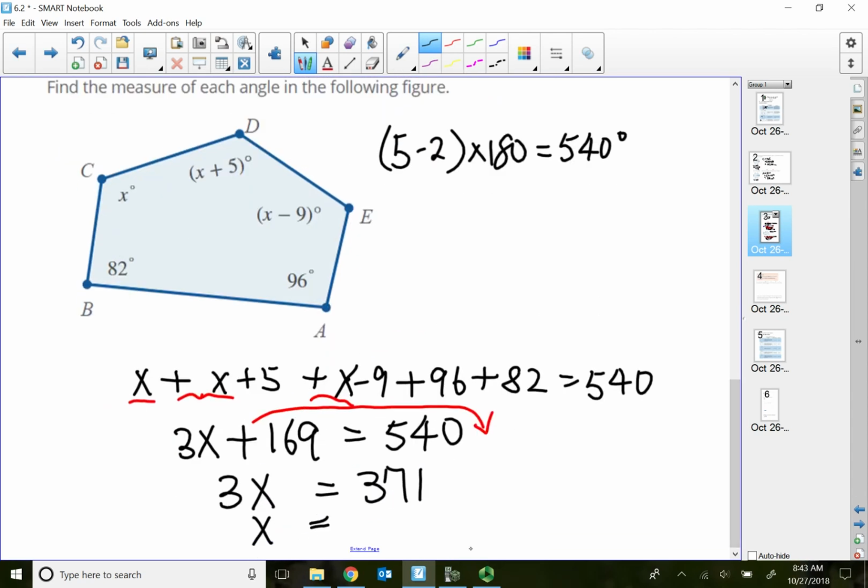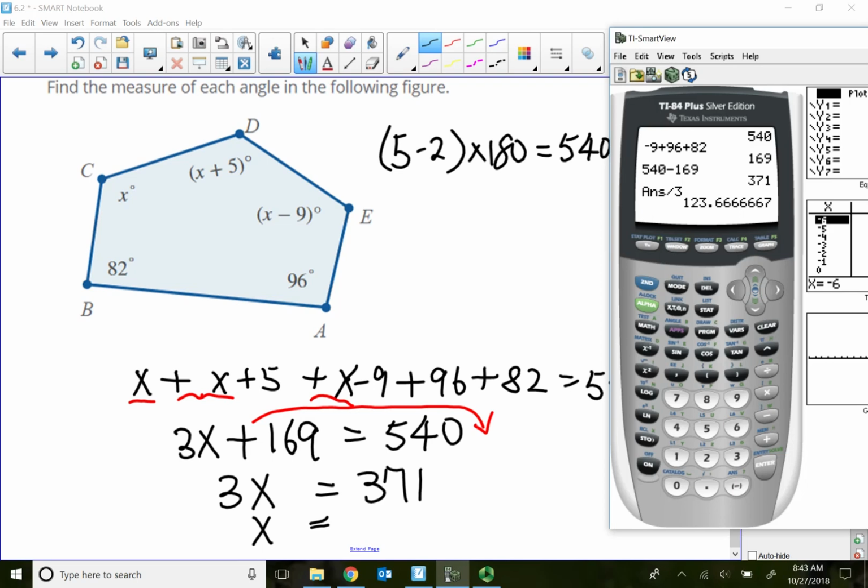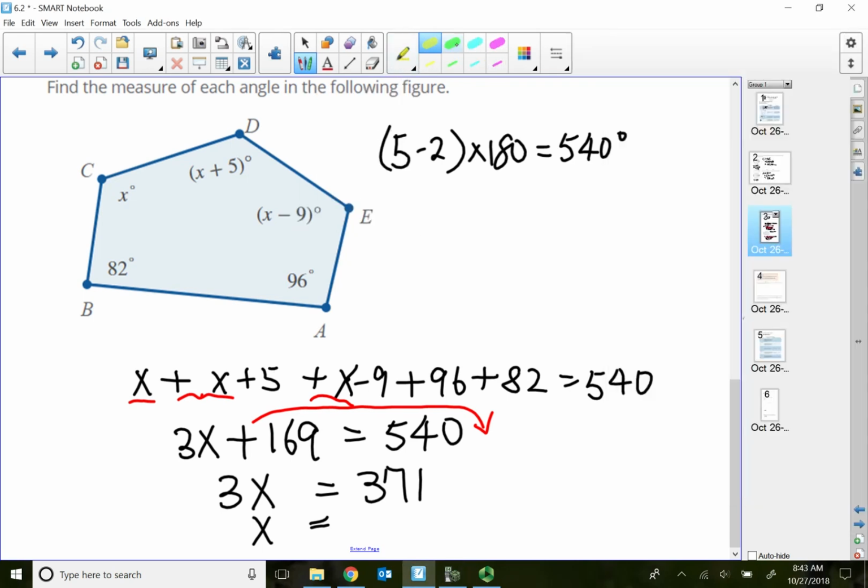Ooh, this one is a little bit rough. Let me make sure I did it right. Oh, I'm sorry, I knew I did something wrong. There's a positive 5 right here that I never used. Let me do this again.